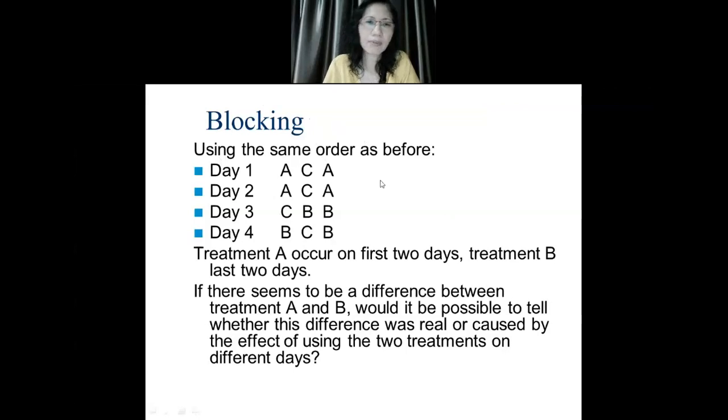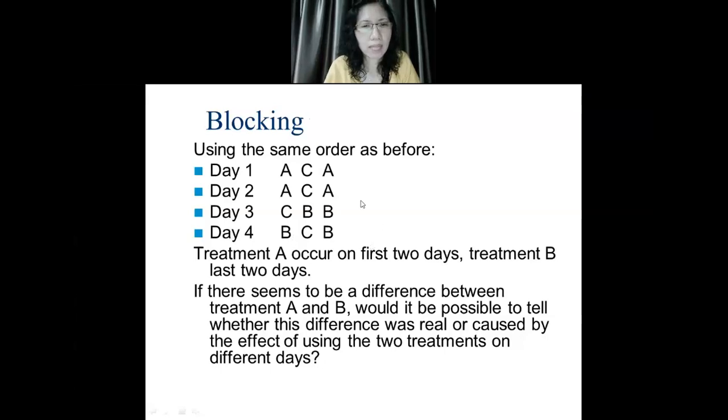Let's say, for example, if we were to use the same order as before, day 1 will be doing measurement from treatment A, treatment C, then treatment A. Day 2 will be making from treatment A, treatment C, treatment A. Day 3, treatment C, treatment B, and B. And day 4, B, C, B.